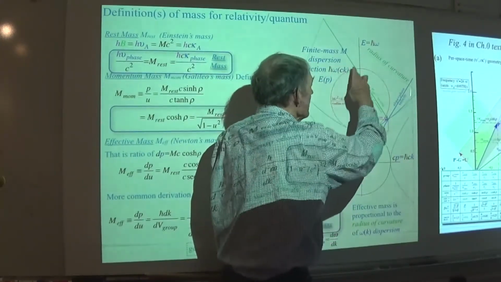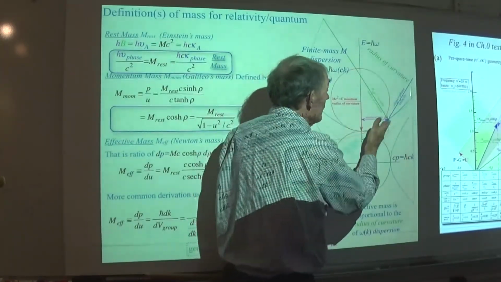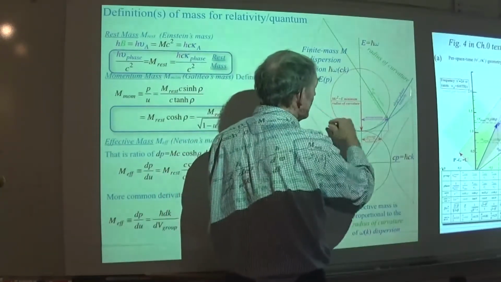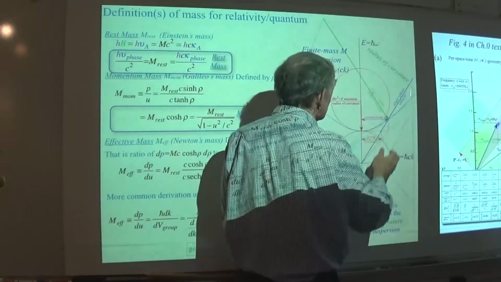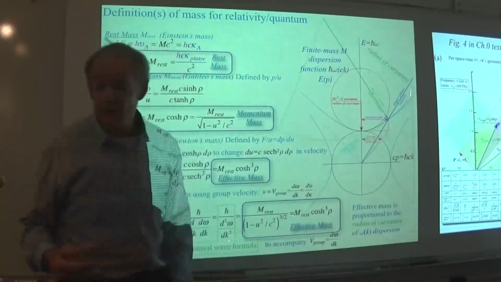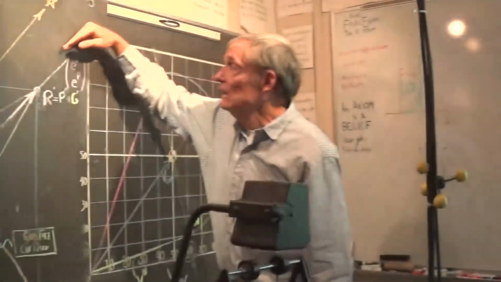We start out, that's the minimum right there. That's the rest mass. But as you go out here, the circle of curvature for this thing gets bigger and bigger. The radius gets bigger and bigger. It gets straighter and straighter. It's approaching an asymptote, this hyperbola here. It's approaching a straight line.